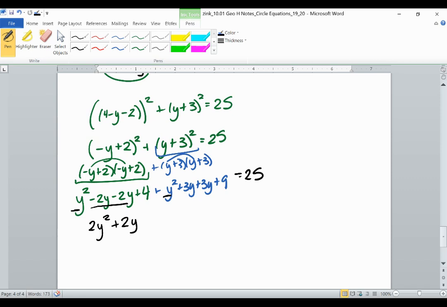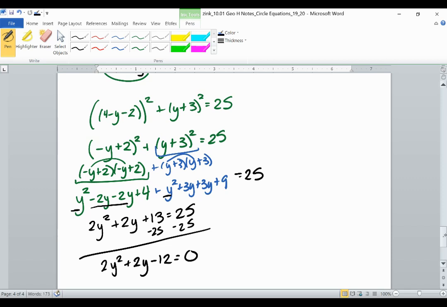And then we have 4 and 9, which gives us 13. Okay, and then next, since we have a y² and a y, we want to get this equal to 0. So I'm going to subtract 25 from both sides. So anytime there's a y² and a y, get it equal to 0 so that you can try and factor.